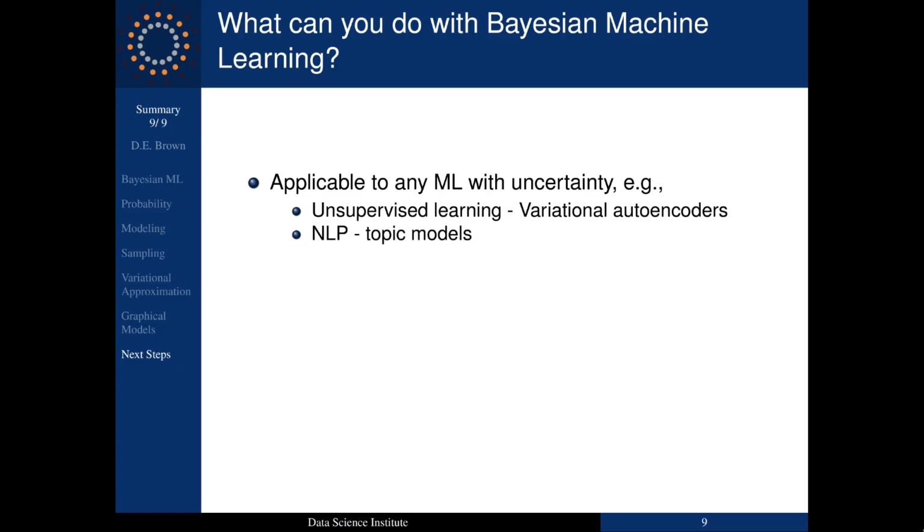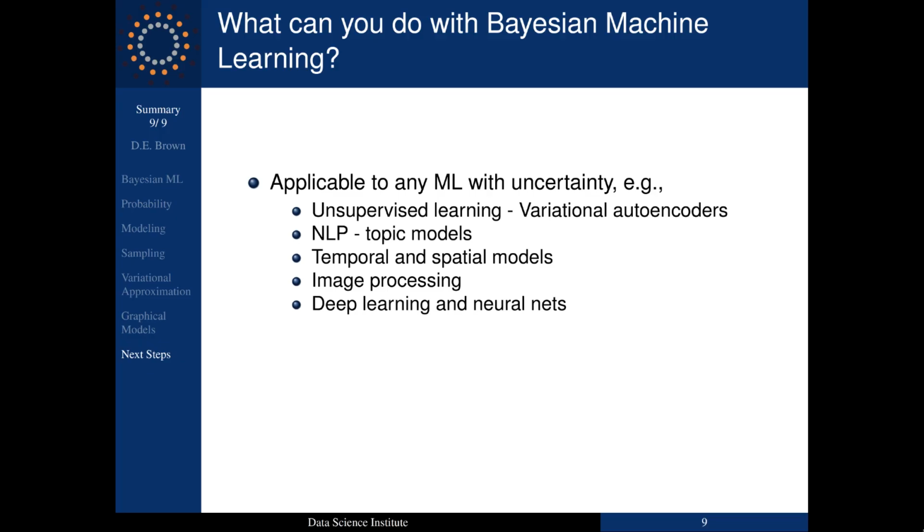It's applicable to natural language processing and topic models, as we saw in the course. It's applicable to temporal and spatial models. We saw this temporal application with these hidden Markov models, and spatial models as well. It's applicable to image processing, Boltzmann machines. It's applicable to deep learning and neural nets.